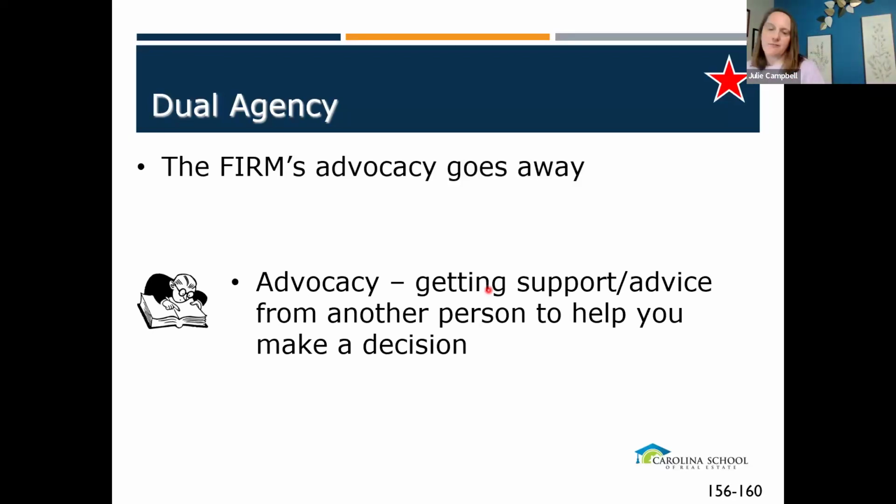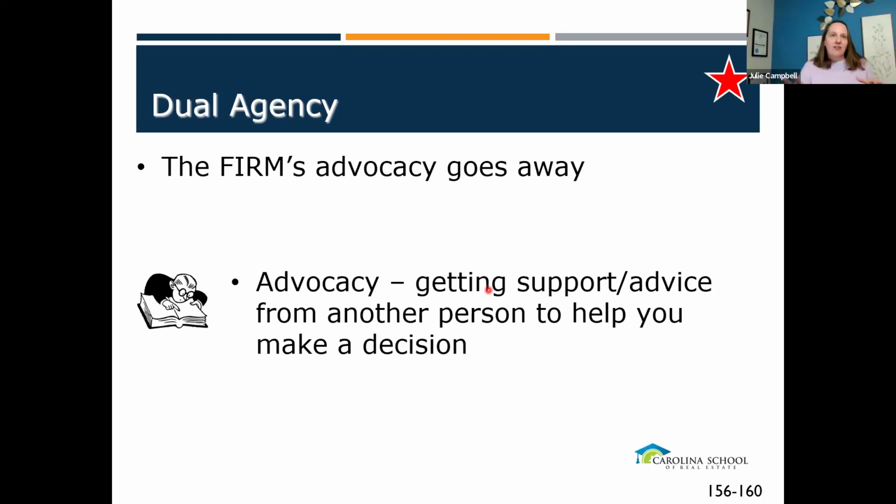In dual agency, we can't give advice. I need you to be on alert for words like, should I, would you recommend that I, do you think that I, because there is no answer to a question in a real estate transaction that doesn't harm the other side.